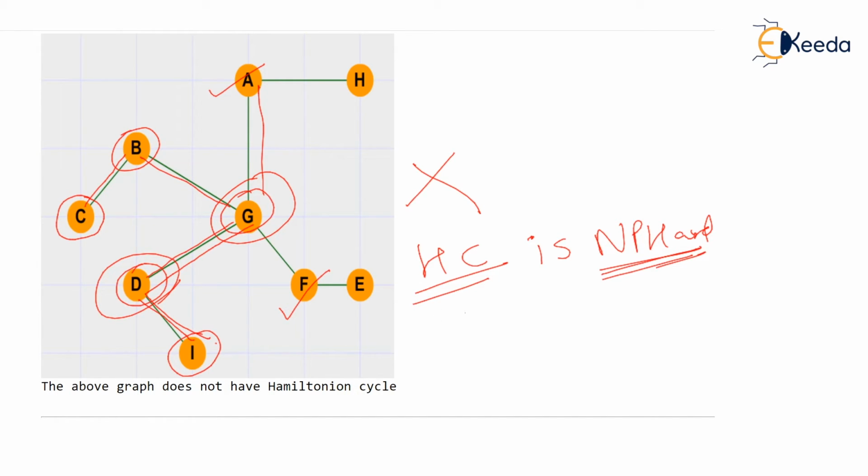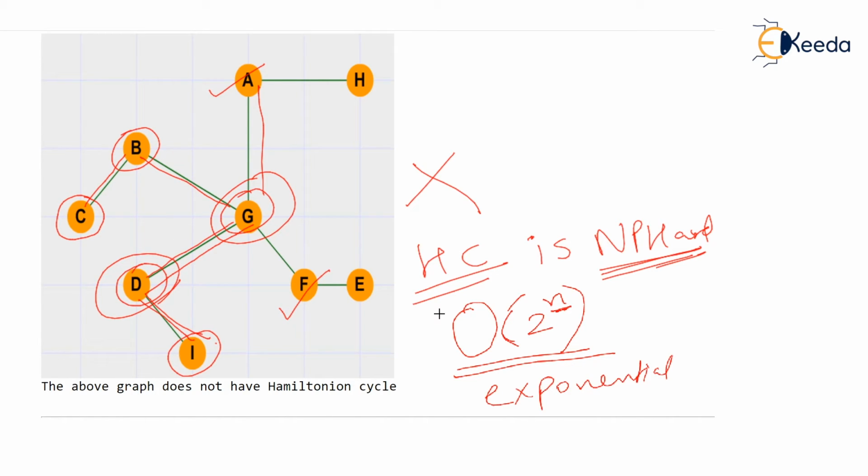Because this algorithm, which we are going to see later on, performs in time big O of 2 raised to n, where n is the number of vertices. Just observe that this big O notation is exponential in nature because the problem size n, the number of vertices, is in the exponent.